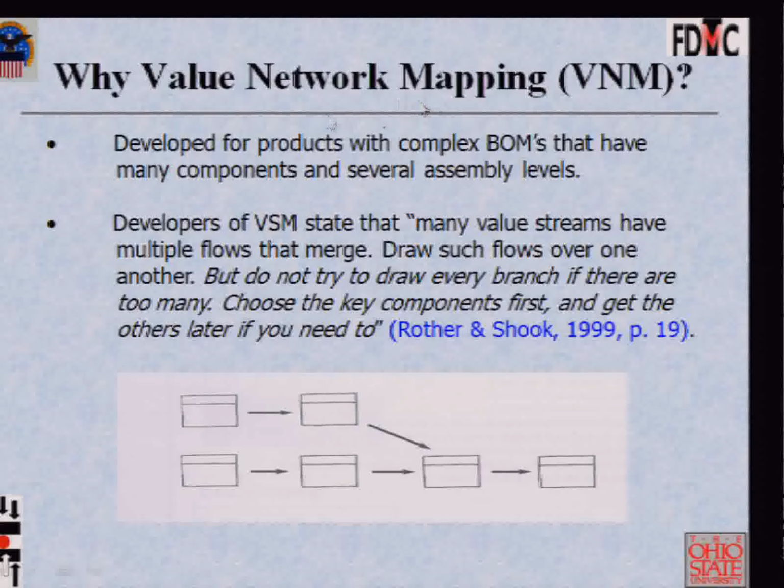So that's the foundation. Why value network mapping? Let me tell you again why I developed this method, and why we are now using this method instead of value stream mapping in all the job shop lean projects that we are routinely implementing. The first thing is that we need to be able to map a complicated bill of material.